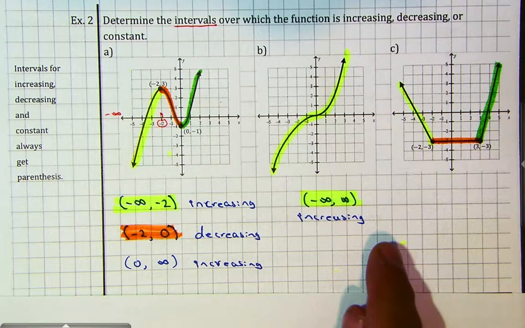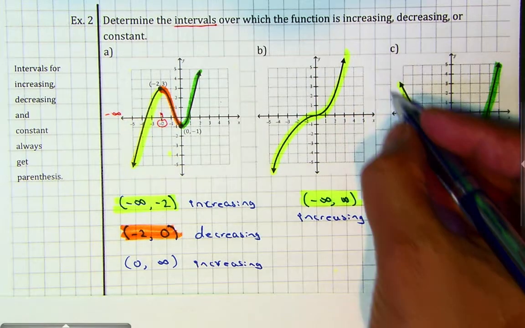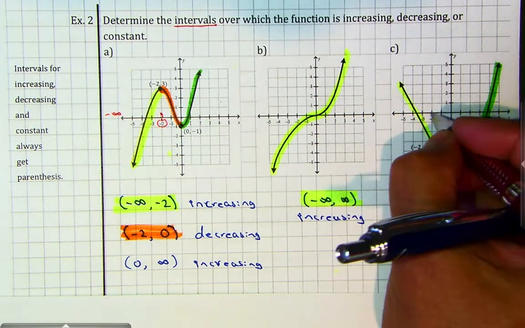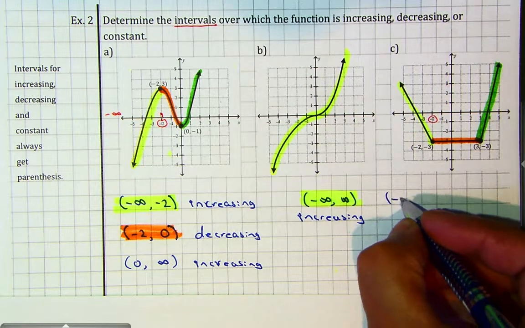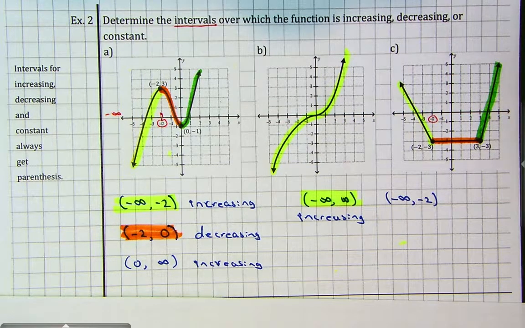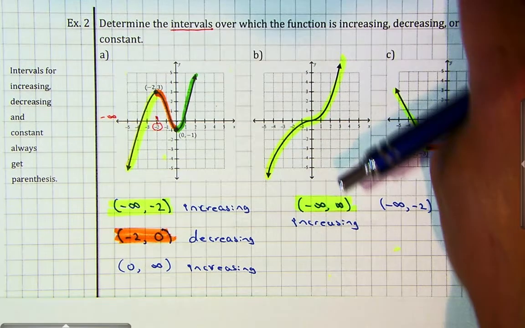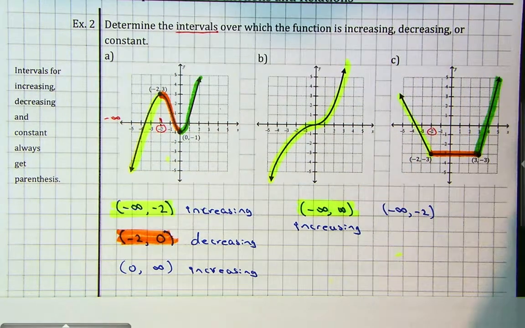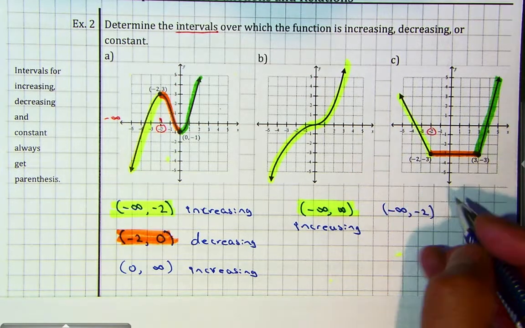One of the things that throws people off is in this interval, the first one from negative infinity all the way up to negative 2 once again. Is that increasing or decreasing? Even though the arrow is pointing up, we're reading it from left to right, so therefore it's decreasing.